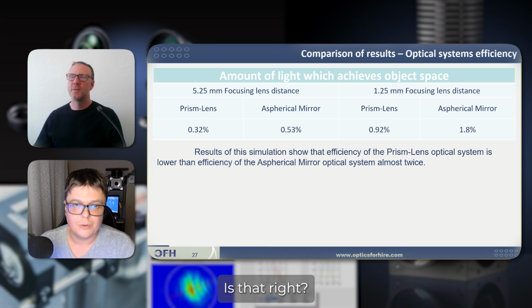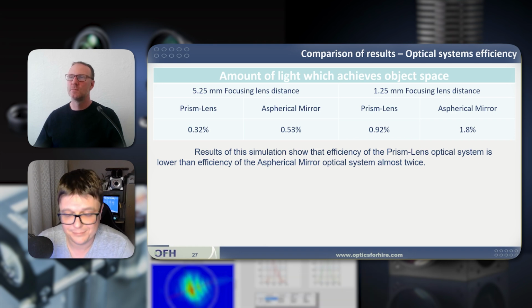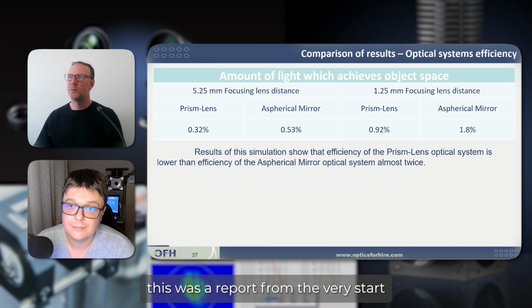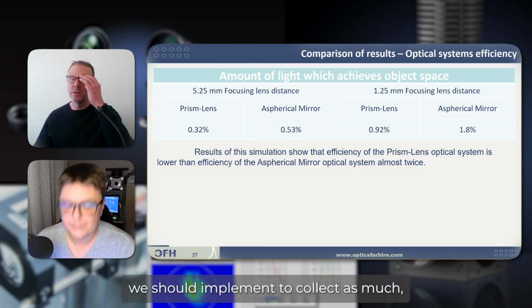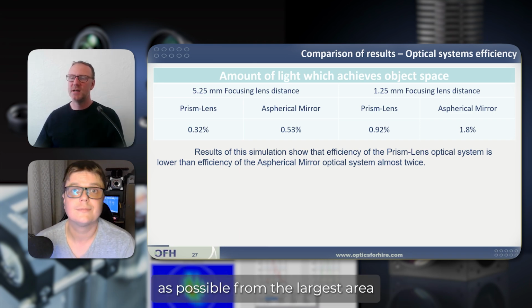Is that right? Yeah, the project was completed by the full redesign of the system. This was a report from the very start, when we were just thinking about what different concepts we should implement to collect as much heat radiation as possible from the largest area possible.